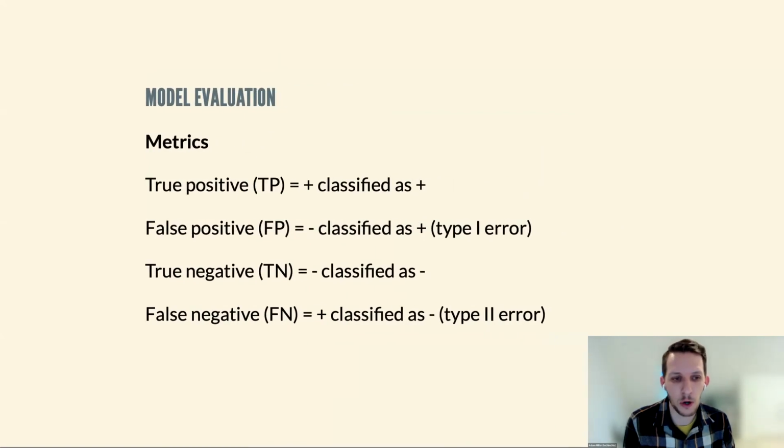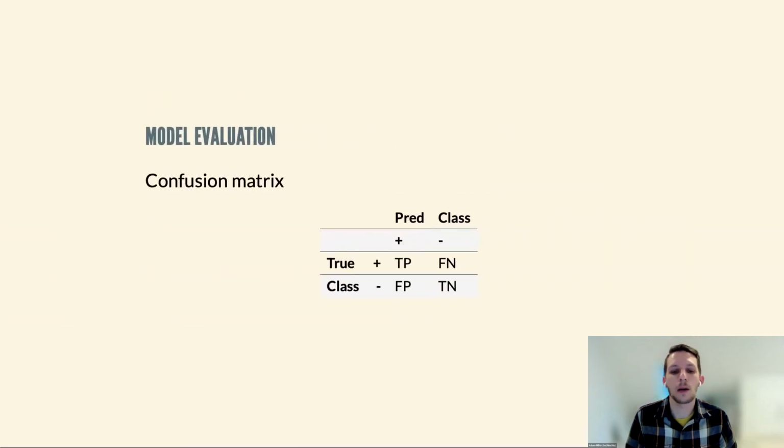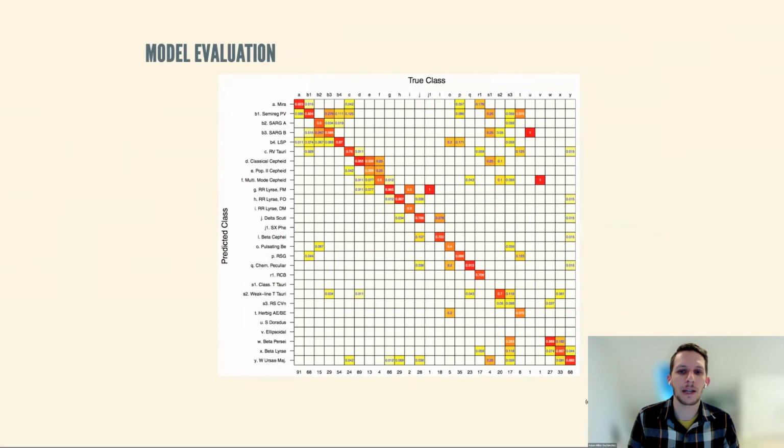We discussed some metrics this morning, like looking at true positives and false positives, okay? Using this nomenclature, using true positives, false positives, true negatives, and false negatives, we can develop what's called the confusion matrix. For a binary classification problem, a confusion matrix is not particularly insightful, but if we have a multi-class problem, the confusion matrix can actually be incredibly useful, right?